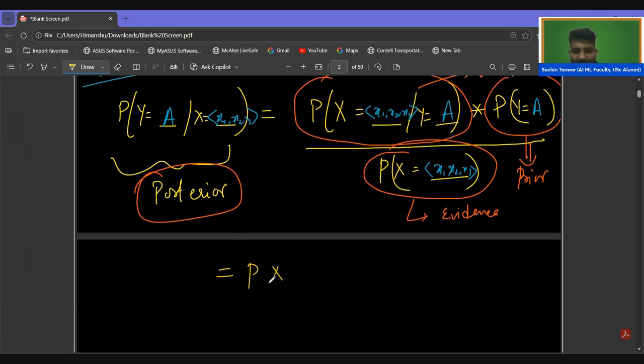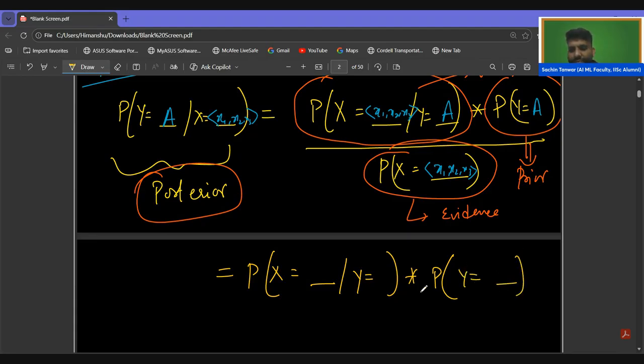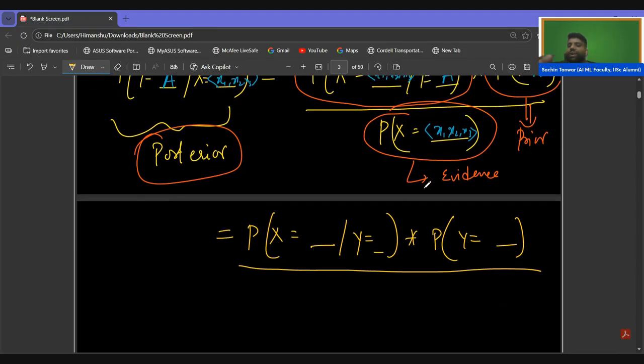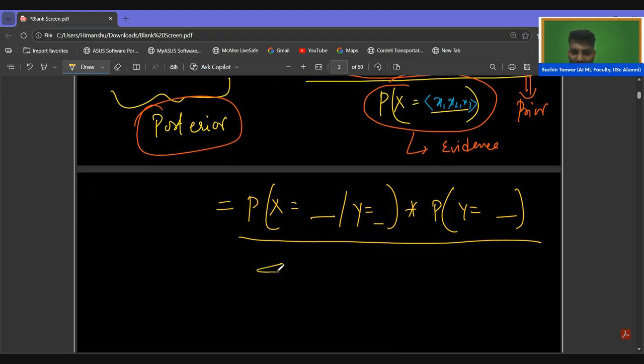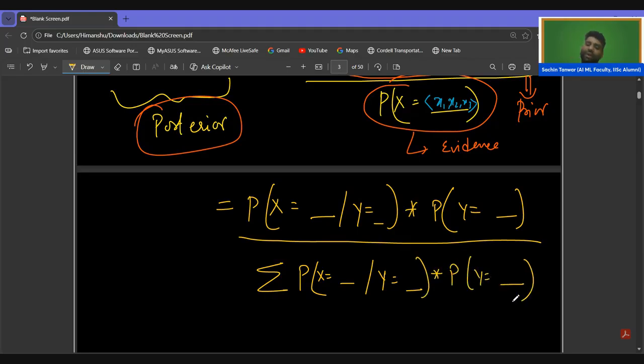So I'll just write the blanks as they are. I would not fill them up right now because we already have that clarity. Only for the denominator, I would like to fill it up. Divide by P of X, which can be broken down the way we calculate the total probability: the summation of P of X given Y is equal to something, into the probability of Y is equal to that. For example, if this is a binary classifier, we have two classes.